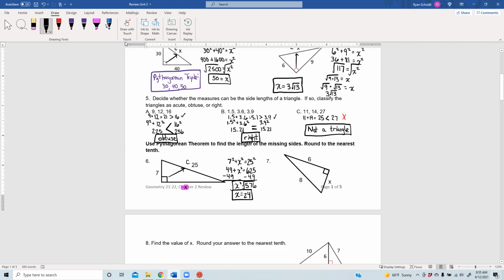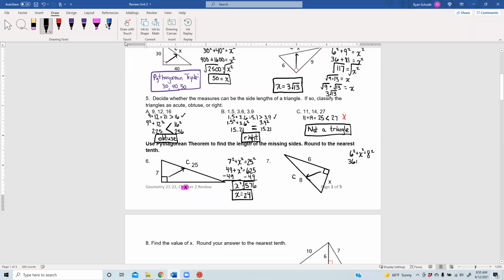Okay, number 7. Again, label your C. The C is across from the right angle. There's your C. That's 8. So 6 squared plus x squared equals 8 squared.